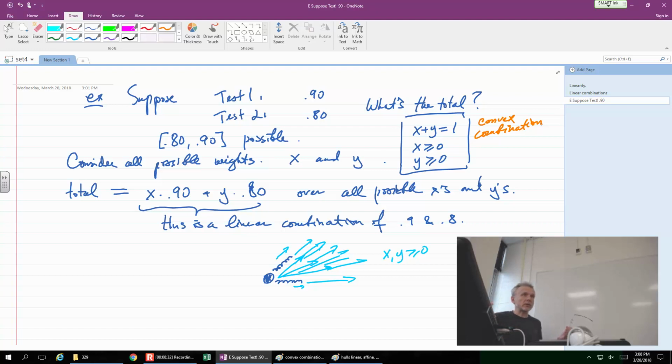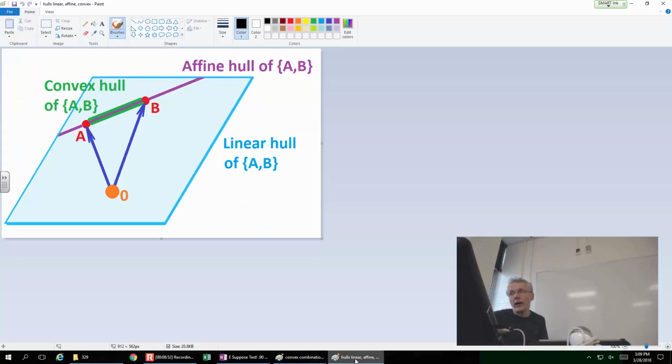It is exactly like on a scale: you have two or more weights and you distribute them along that scale and balance them. If you look at all possible convex combinations, it's called a convex hull.